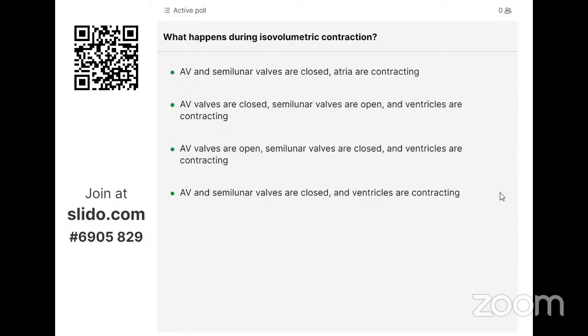Okay. So looking at that overview, let's go ahead and answer a question about these phases. What we're answering here is we want to know what is happening during the isovolumetric contraction. So we want to know all of the pieces of this picture when we're learning the phases of the cardiac cycle.